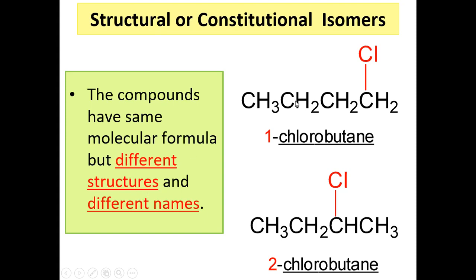Example here, we have 1-chlorobutane and 2-chlorobutane. They have a similar molecular formula: 4 carbon, 9 hydrogen, and 1 chlorine. The difference between them is the position of the chloro group: 1-chloro at carbon number 1, while 2-chloro at carbon number 2.